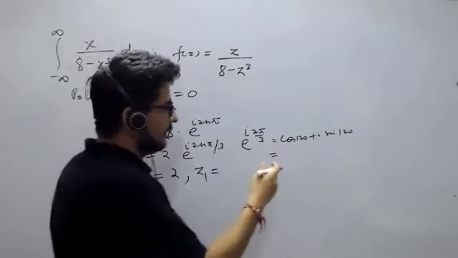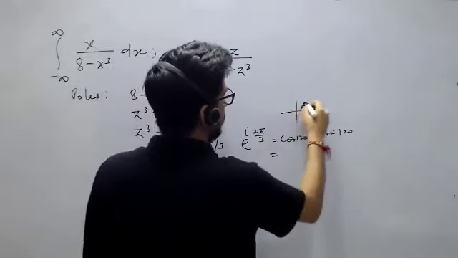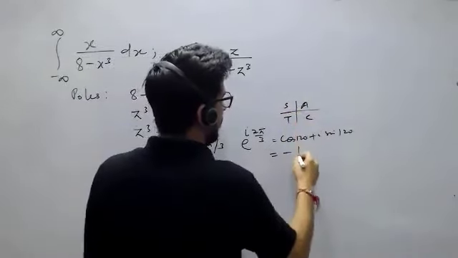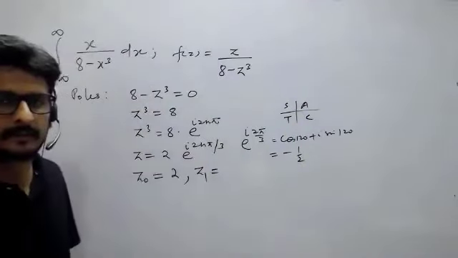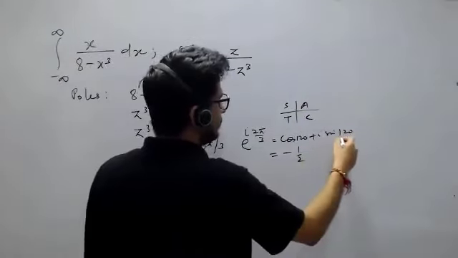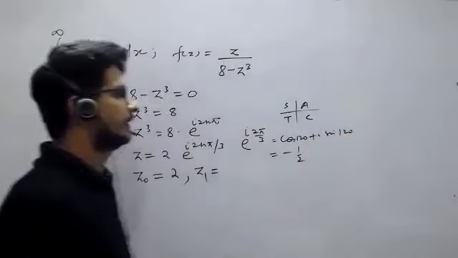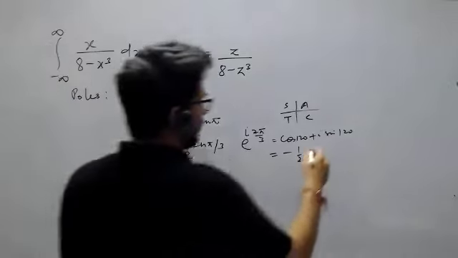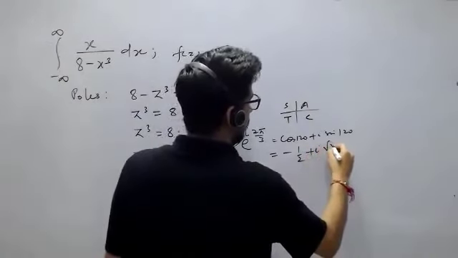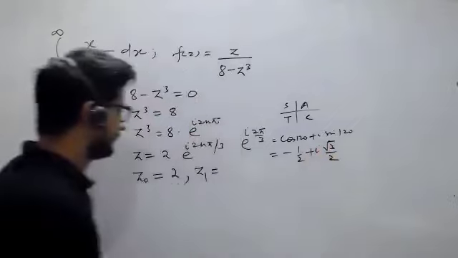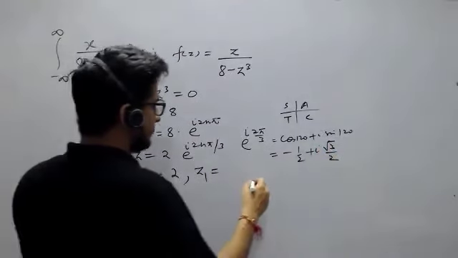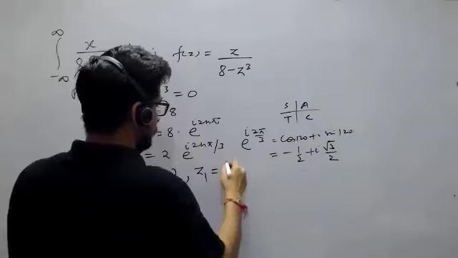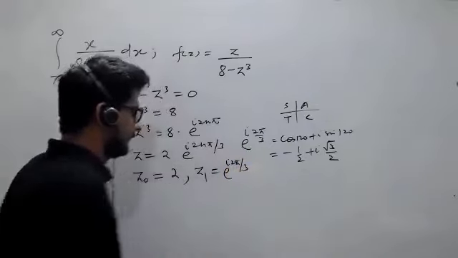Yes, it is going into the second quadrant. So that will be minus half. And sine of 90 plus 30, so plus iota under root 3 by 2. Check it once. Is that okay? So Z1 is e to the power I 2 pi by 3.